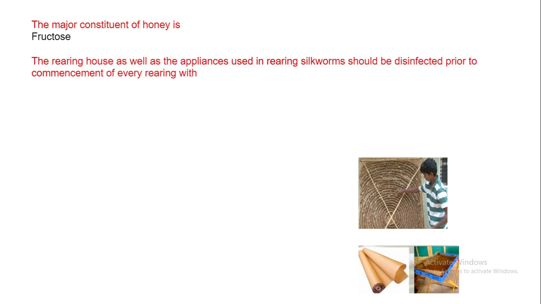The rearing house as well as the appliances used in rearing silkworm should be disinfected with 2% formalin. The major constituent of the silk filament is fibroin.